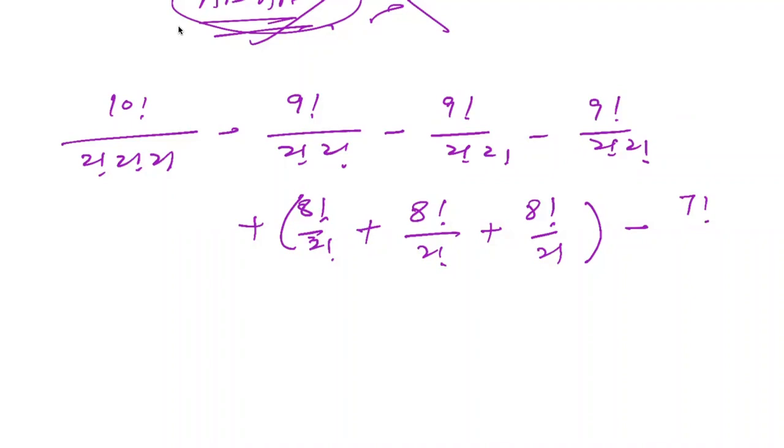Alternating plus sign, minus sign, plus sign, minus sign. This is called the inclusion exclusion principle.